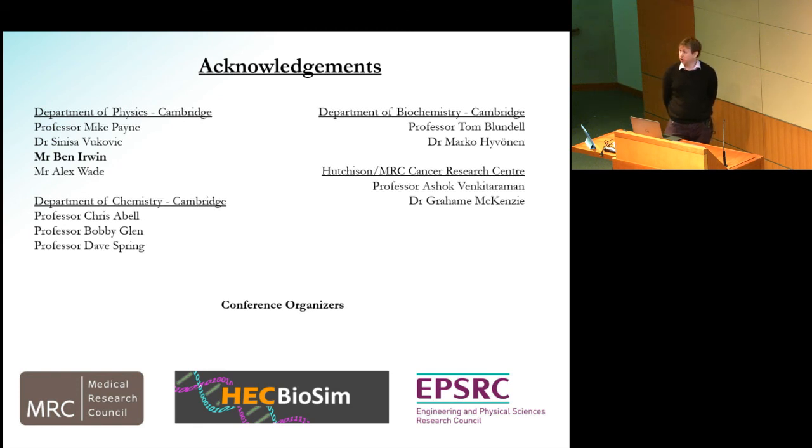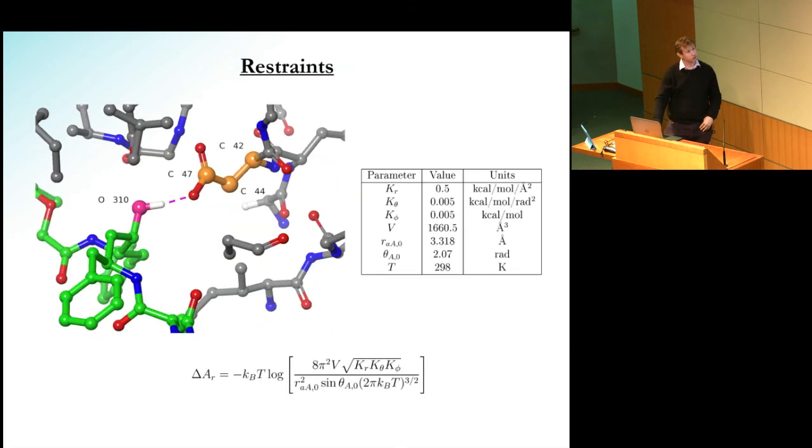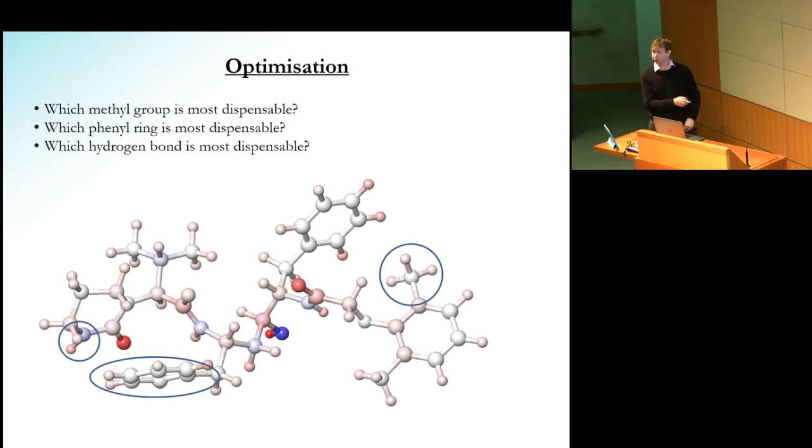If you looked at contributions to different regions of the binding site, you could sum them and see which potentially are going to be hotspots for binding. The ways that I've thought about using it are for optimization. So you have a number of different methyl groups in this, and which methyl group is the most dispensable. But you could flip that and say which is the most important as well, which we would keep.